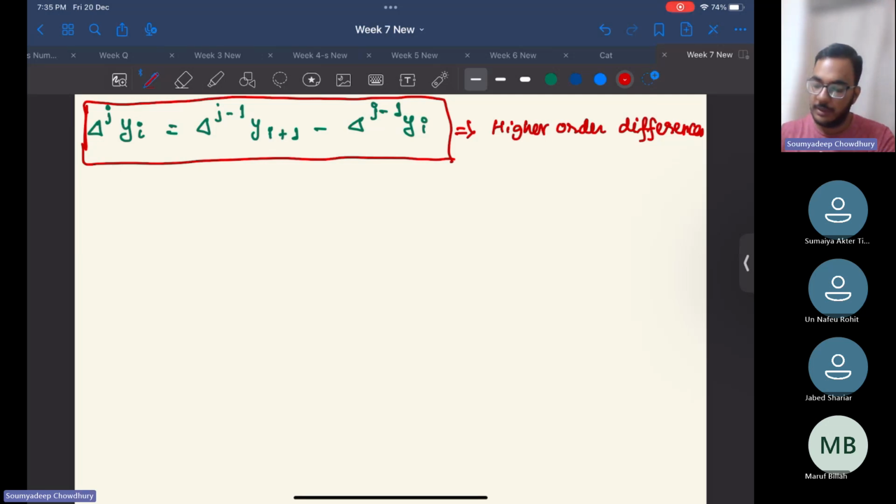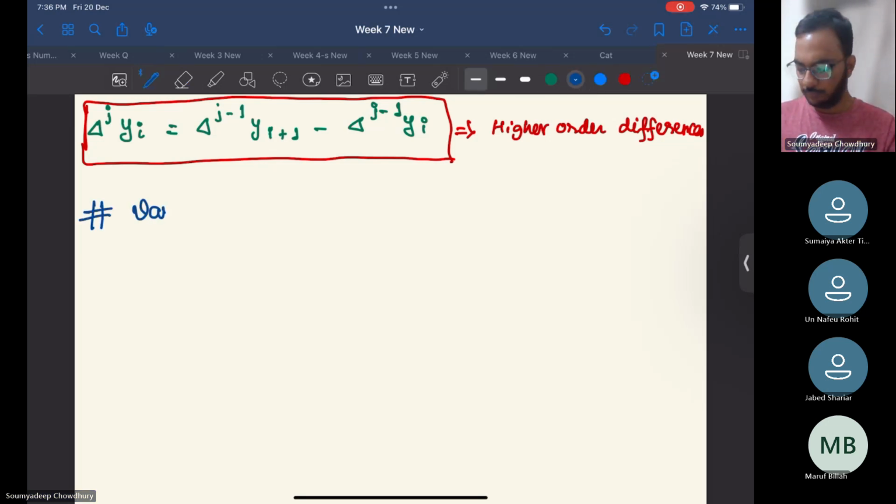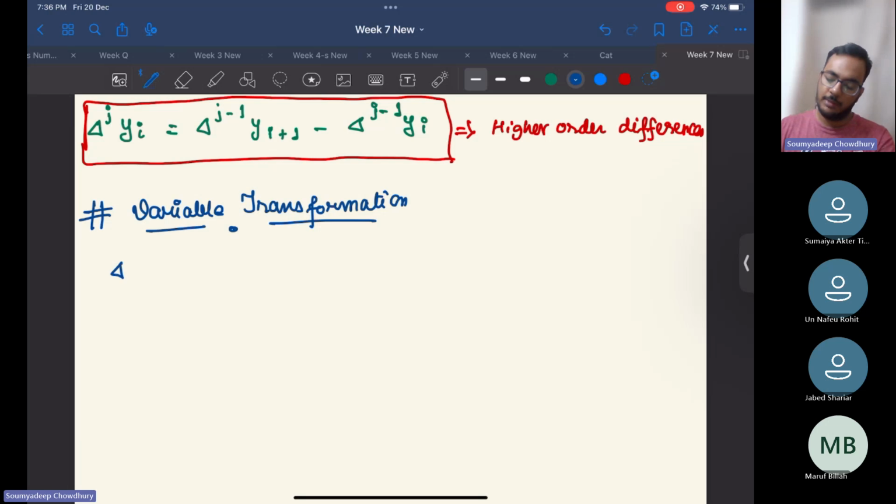Okay. So next we have what is called variable transformation. As I told you, del xi is xi plus 1 minus xi.